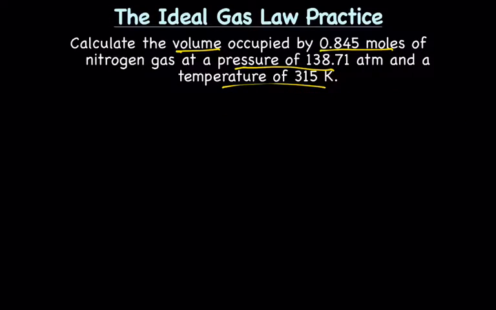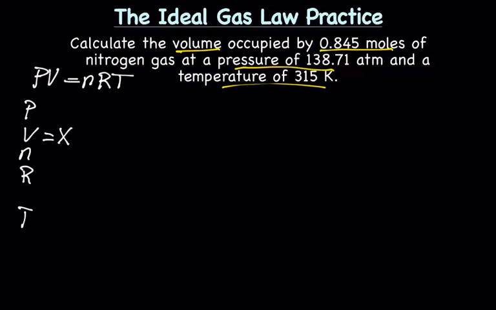So let's jot down the ideal gas law. We have PV equals nRT. And I'm going to make a list of our variables. We have P, V, n, R, and T. And let's go through our problem and fill it in. So we have calculate the volume. So we know that volume is going to be our X. Occupied by 0.845 moles.